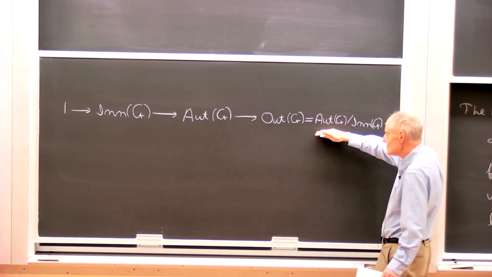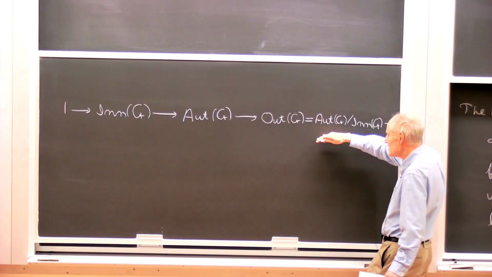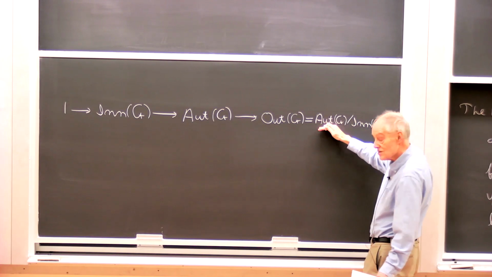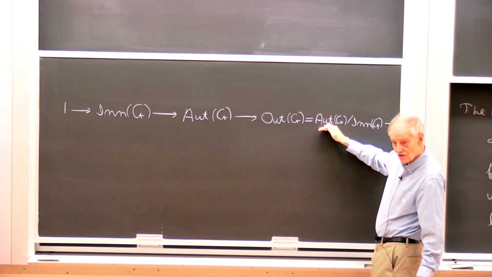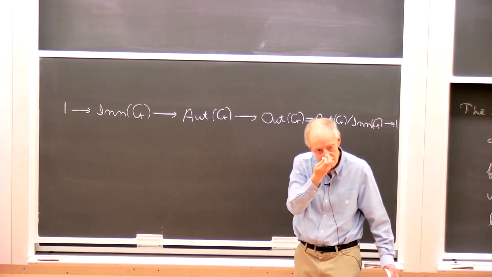And so this is all quite trivial in this situation. The quotient is given by automorphisms of the diagram. Does that make sense?